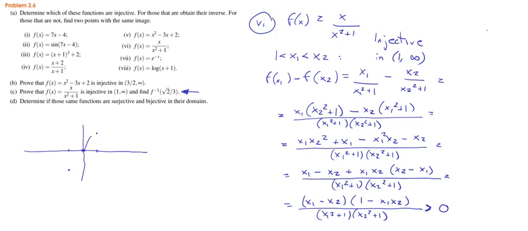It has a maximum at 1, and it goes all the way to infinity toward 0, and then because it is odd, it's symmetric through the origin. So this is 1, this is minus 1, and then this is 1/2 and minus 1/2.